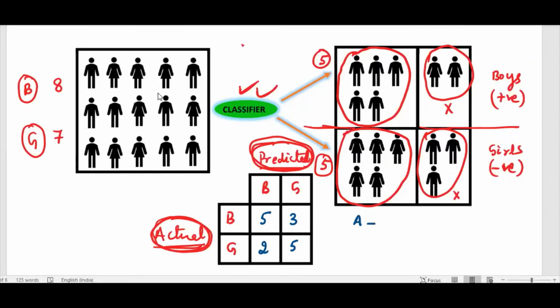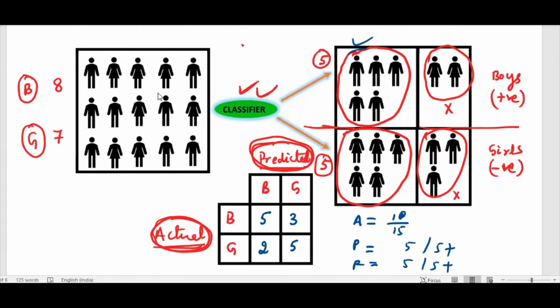Then accuracy means total. Total accuracy you can find from this: 5 plus 5, 10, divided by the whole, which is 15, right? Then precision and recall. What is precision here? Positive 5 you write here, 5 you write here. Then what will I write here, 3 or 2? 2, sir, in precision. Are you sure?